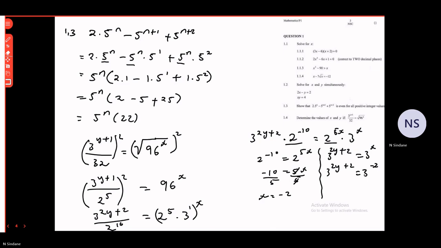And then bases are the same, deal with exponents. 2y plus 2 is equal to negative 2. And then this 2 to the other side, I have 2y is equal to negative 2, negative 2. Then 2y is equal to negative 4. Divide by 2, divide by 2. Therefore, the value of y is equal to negative 2, right?